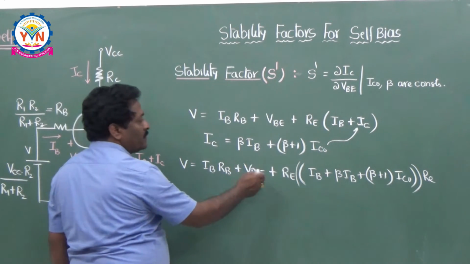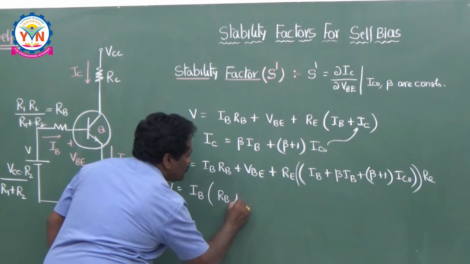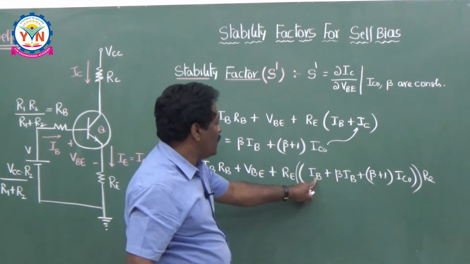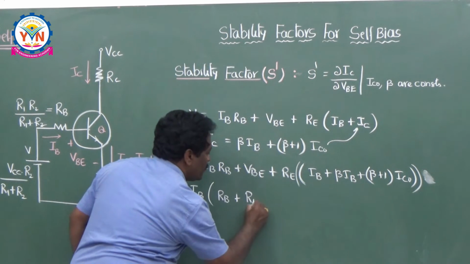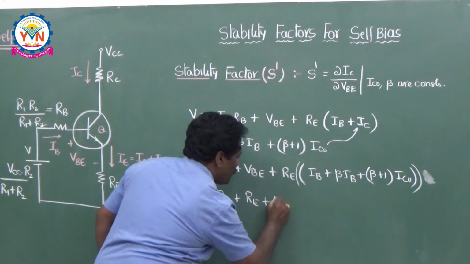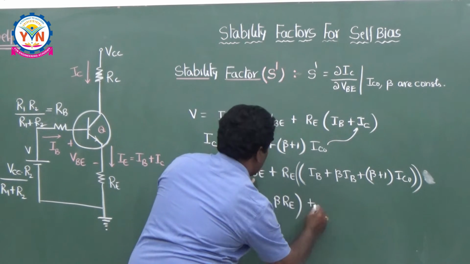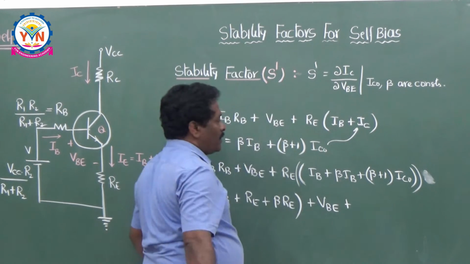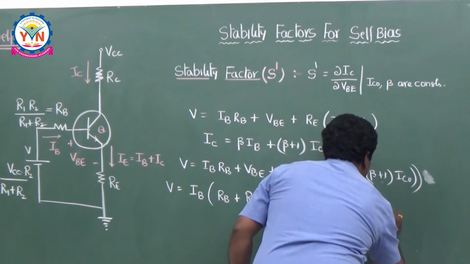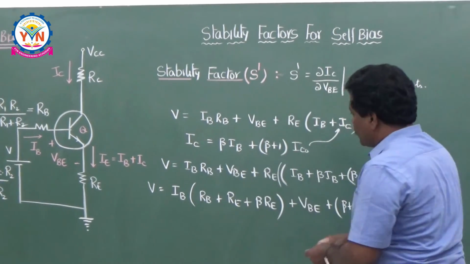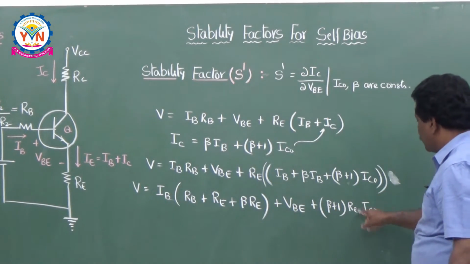Now take IB as common, then you can write this expression: V is equal to IB into RB plus RE plus beta times RE, plus VBE, plus beta plus 1 times RE into IC naught. So this is the expression for this IB.